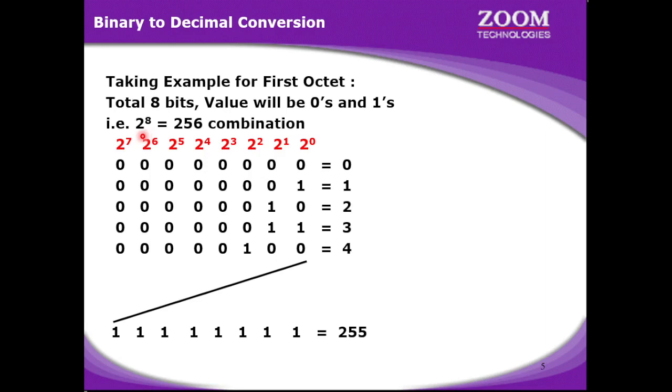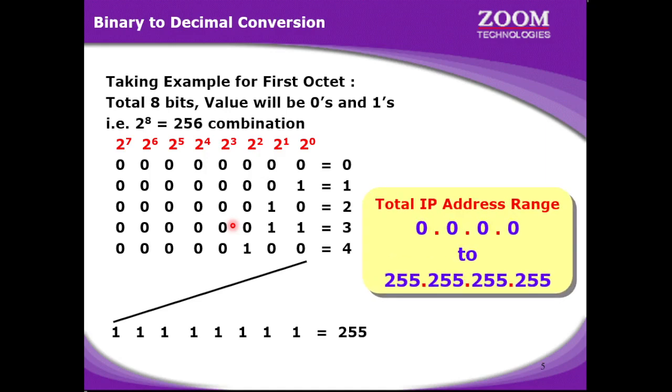Sabi nga natin, 2 raised to 8 is 256. So therefore, pag sinama natin from 2 raised to 0 hanggang 2 raised to 7, pag pinag-add po natin lahat yan sila, it's 255. Okay? So, therefore, the total IP address range is from 0.0.0.0 to 255.255.255.255. That's the maximum IP address ng IPv4.